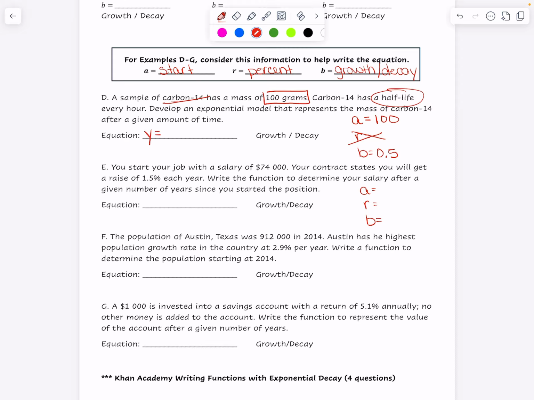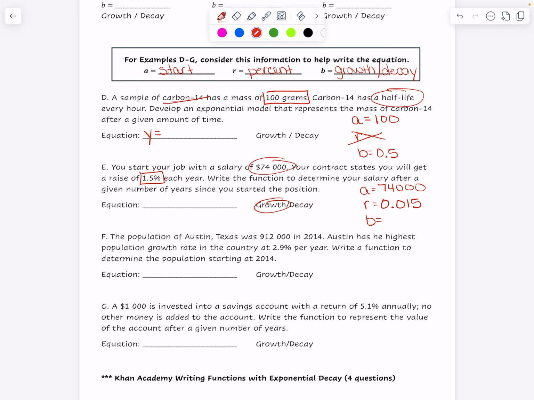On letter E, you start a job with a salary of $74,000. That's your initial value. Your contract states that you will get a raise. That means it's going up, so that's going to be a growth of 1.5% each year. Now turn that into a decimal for your R value. Okay. Now write the function to determine the salary after a given number of years since you started the position.